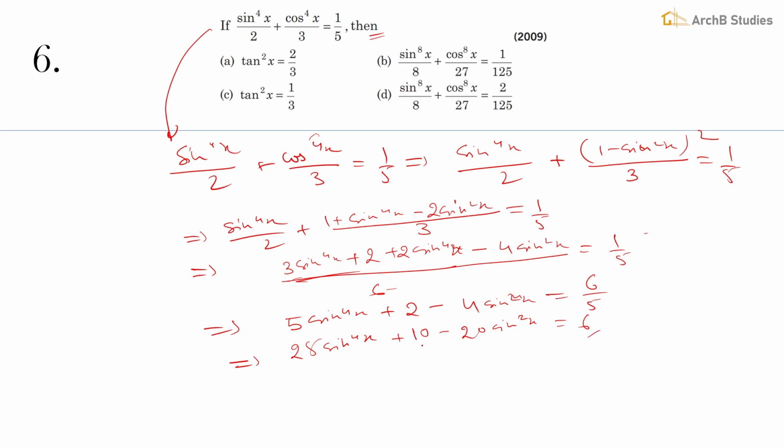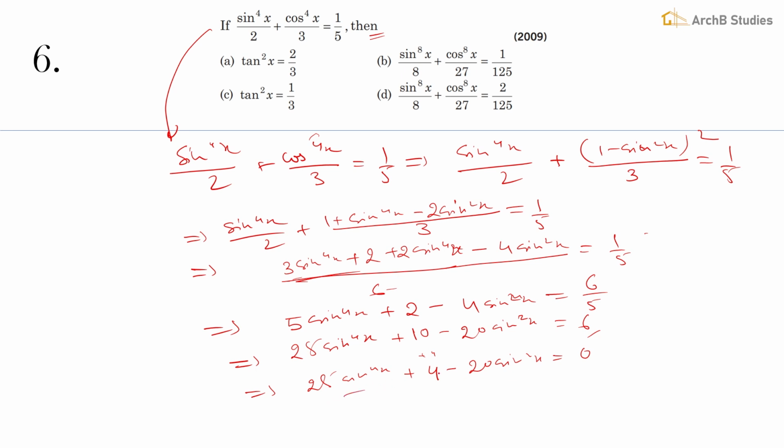Now 10 minus 6 will be plus 4. So we will have 25 sin^4 x plus 4 minus 20 sin^2 x is equal to 0.